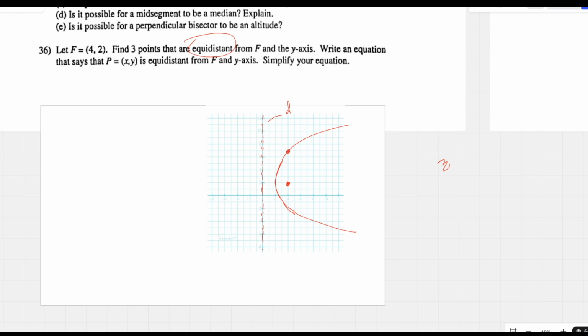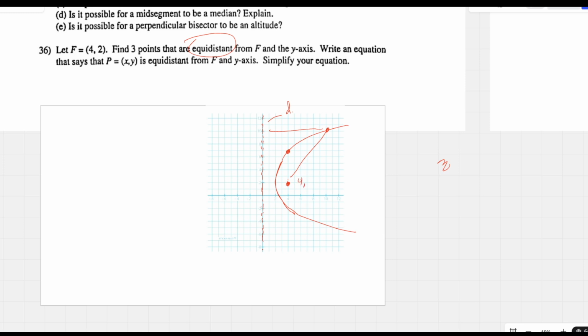Like this point is, I didn't draw it perfectly, about the same distance from this point and the directrix. If I go further away, this distance and this distance are the same. Yes, this distance is the shortest distance, so it's not measured like that. It has to be directly towards the point.